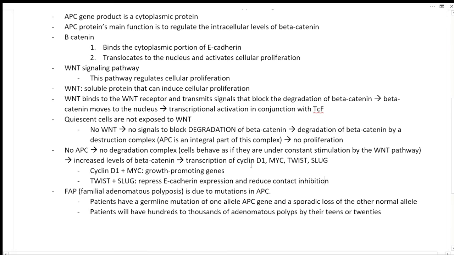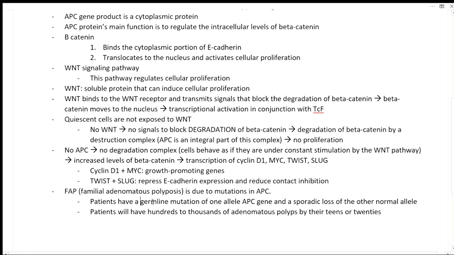Now that we talked about that, what can lead to no APC or mutant APC? We have a condition called familial adenomatous polyposis. It's due to mutations in the APC gene. From its name, we can see that it's a familial condition.